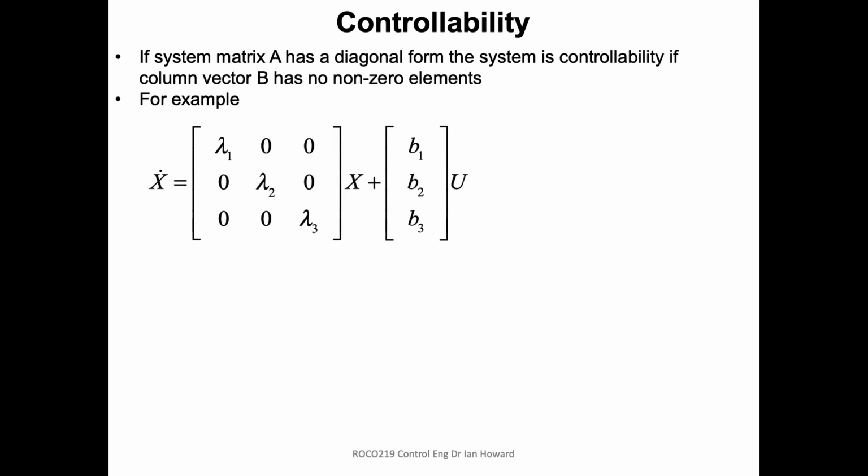Now, if we've written our system matrix A diagonally, it's relatively easy to see what's going on. Basically what this means is, if we've written x dot equals A times x plus b times u, where A is diagonal, it means the system is completely decoupled.